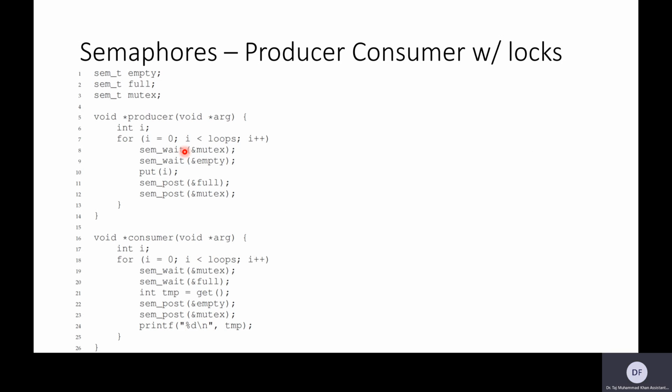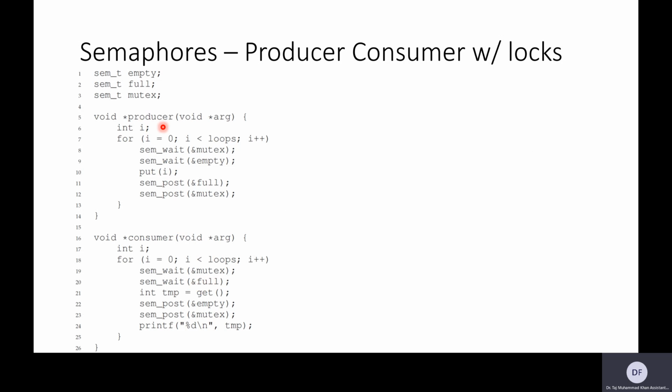They are waiting for each other in the sense that this consumer thread is waiting on full. And full, who is going to increment the value of full? It is this producer thread.